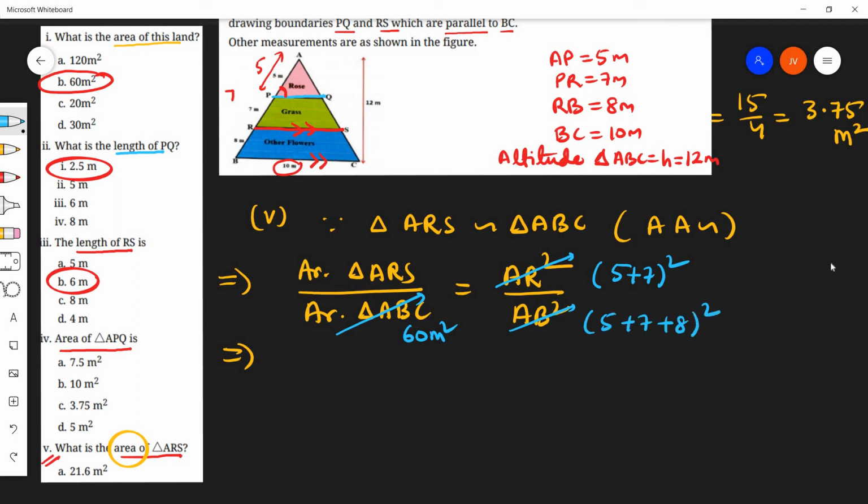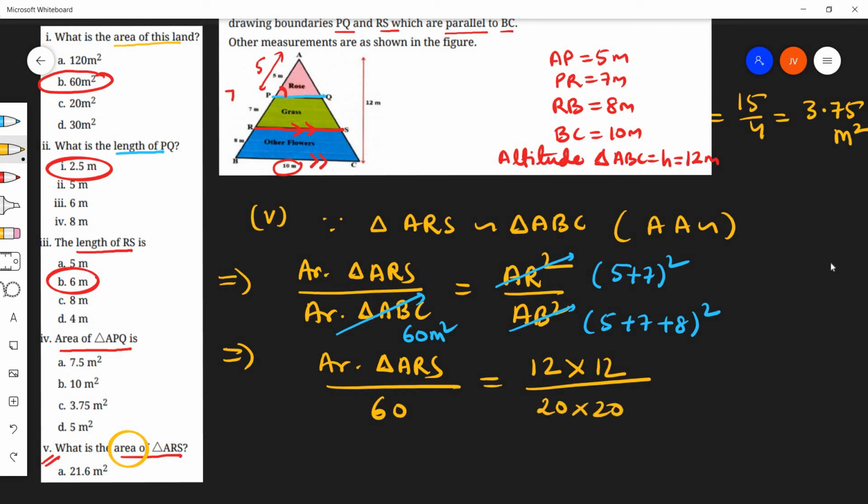If you look into the diagram, you will see AB has 3 parts. So it's a square. And quickly, the last one, area of triangle ARS by 60 is 12 square. So I'll write it 12 times 12, and the denominator is 20 square.